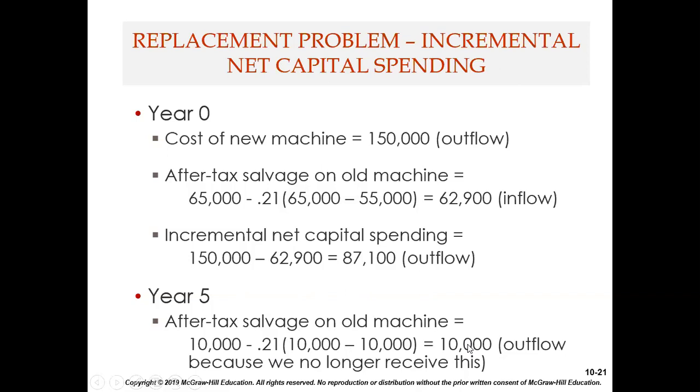So the $10,000 would be actually considered an outflow in our case, because if we kept the machine, it would have been an inflow. But since we're getting rid of it in year 0, it's an outflow when looking at our decision here. That's something we gave up. So it's considered an outflow.